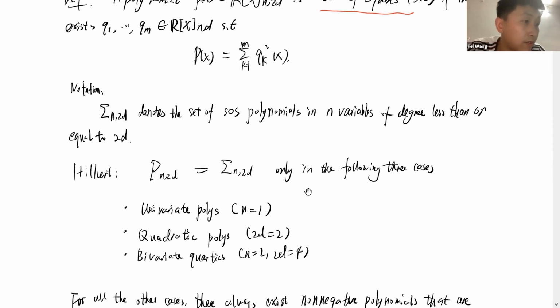First, for univariate polynomials. Second, for quadratic polynomials. And third, for bivariate quartics. I mean there are two variables, and the maximum degree is 4.